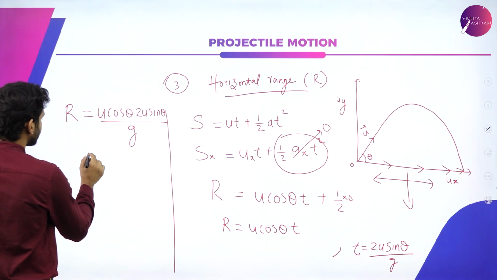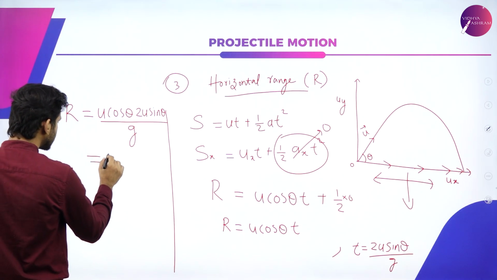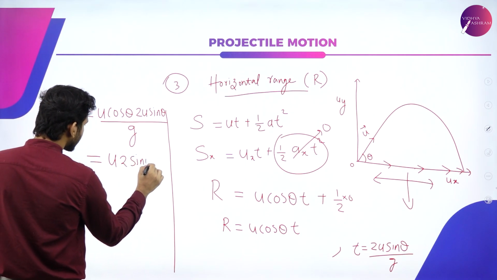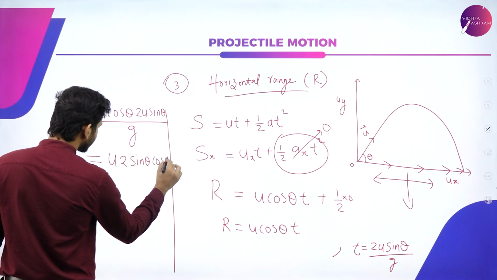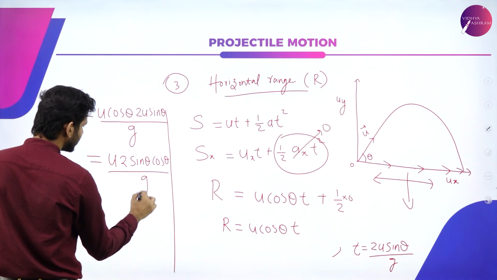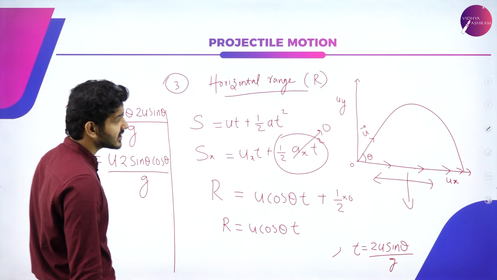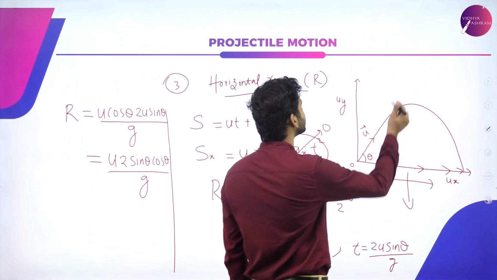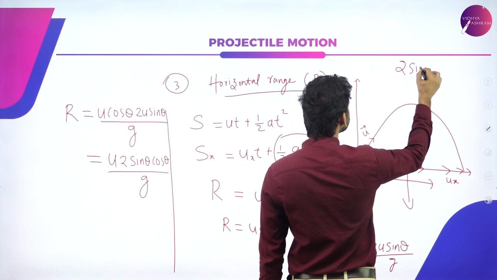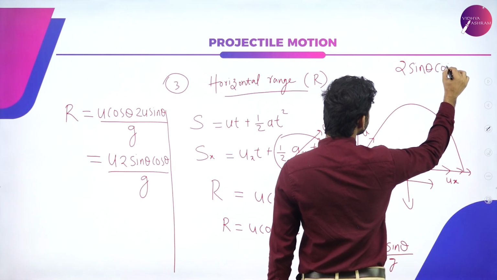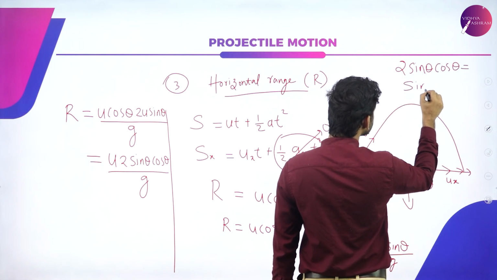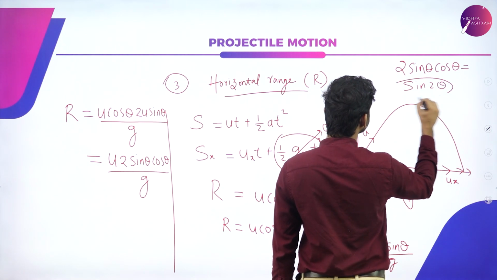Or simply, rearranging this particular equation, you can write it as u square 2 sine theta cos theta divided by g. And if you have paid attention to your trigonometry classes, you will know that 2 sine theta cos theta is actually equal to sine 2 theta.